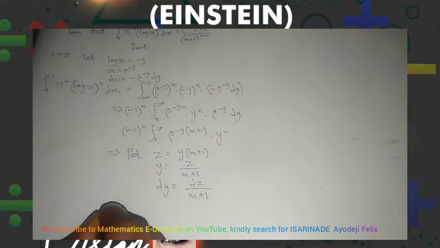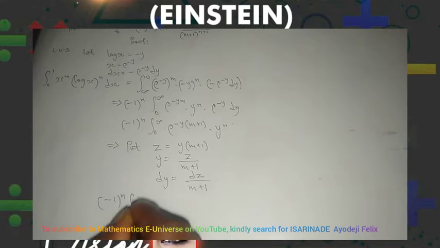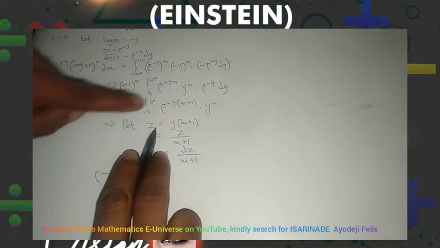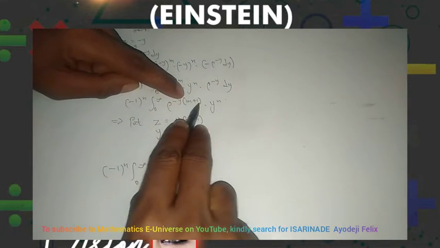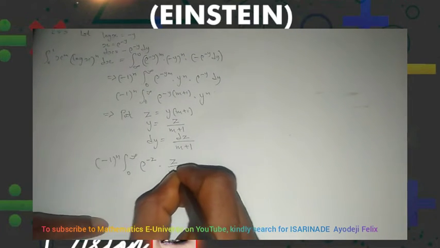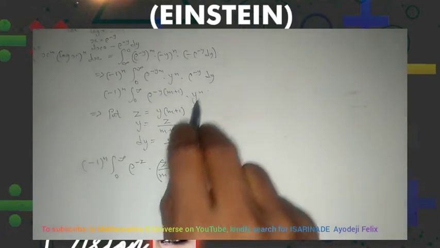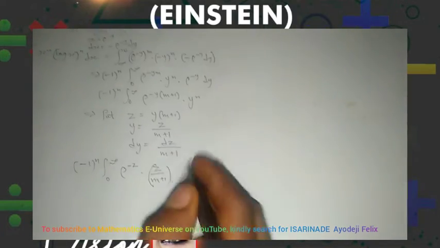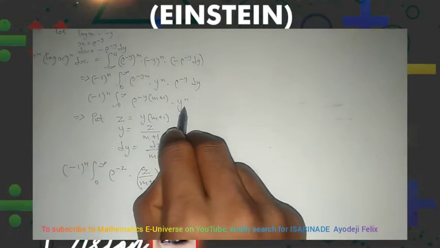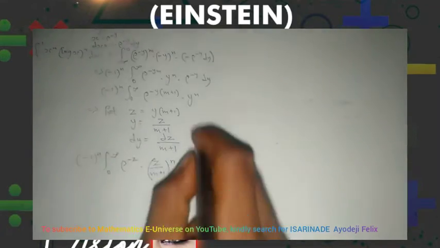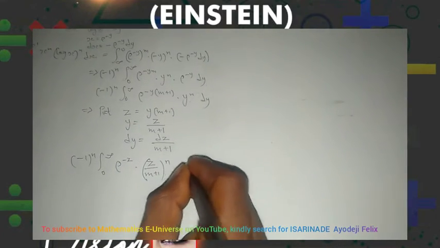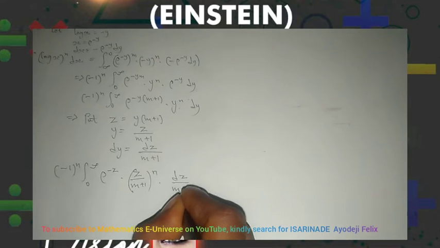We have minus 1 raised to power n integral from 0 to infinity exponential minus z, since we said let z be this. What is our y? Our y is z over m plus 1 raised to power n, dy. And what is our dy? Our dy is dz over m plus 1.